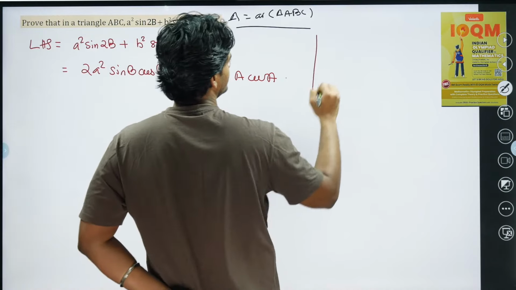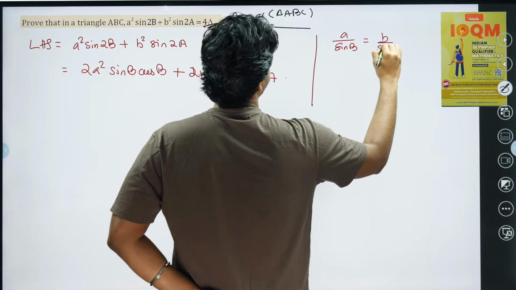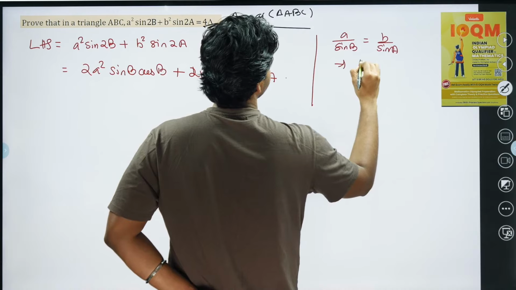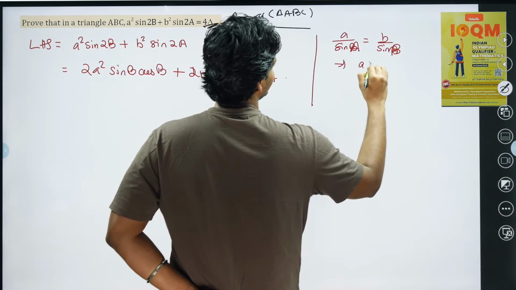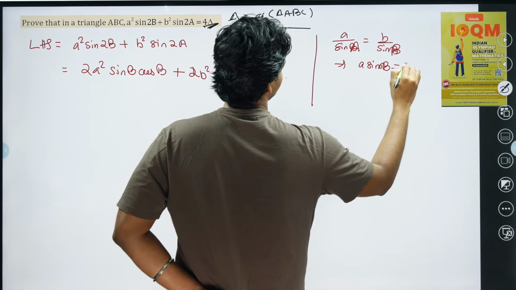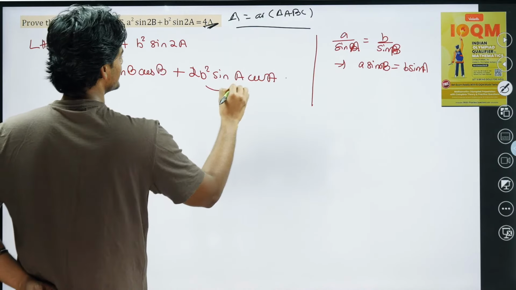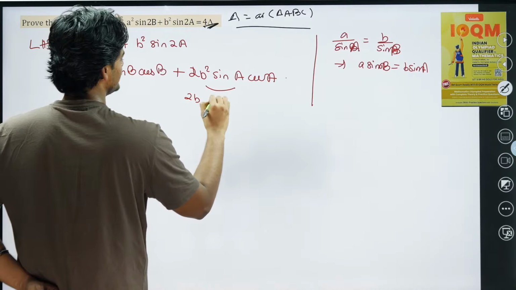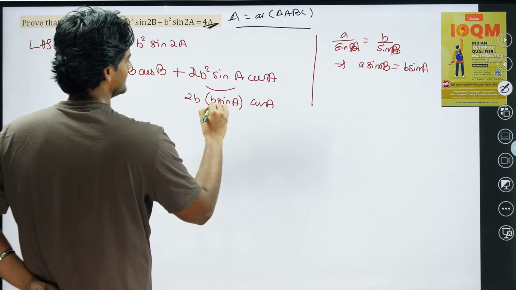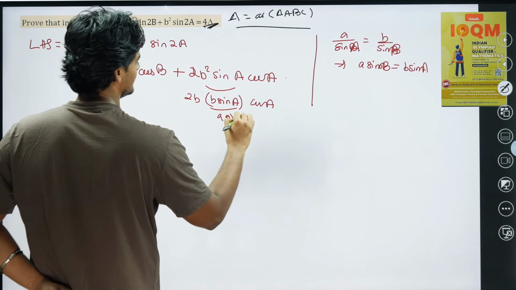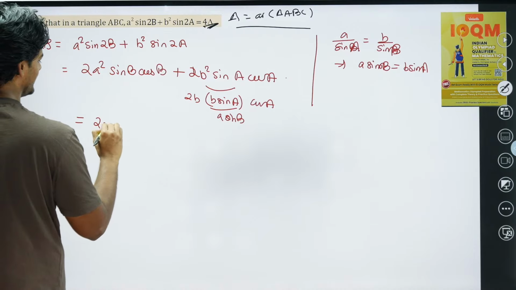And a by sine B is equal to b by sine A, which implies a sine B is equal to b sine A, right? So here b sine A, I can write as 2b into a sine B cos A. I'll take 2a sine B common.